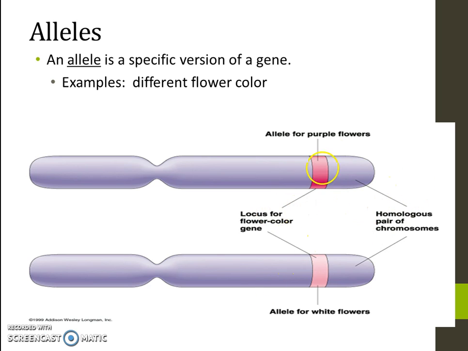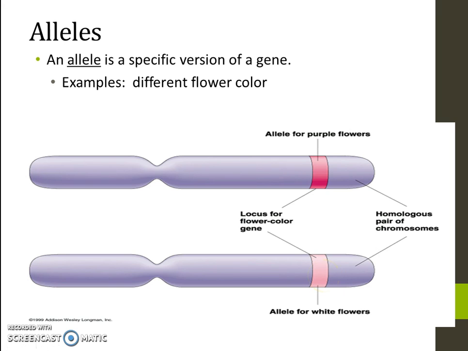On the homologous chromosomes, they have all of the same genes. So here, for example, it's showing you flower color for the chromosomes of a flower. So an allele is a different version of that gene. So one gene may be for purple flowers, and another gene might be for white flowers.